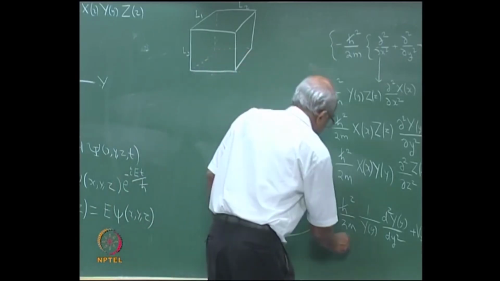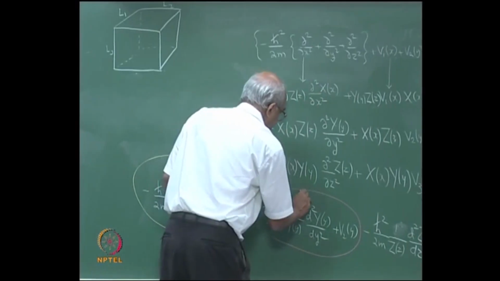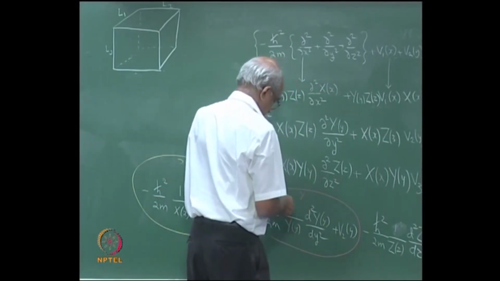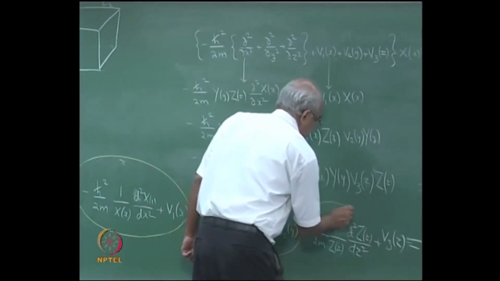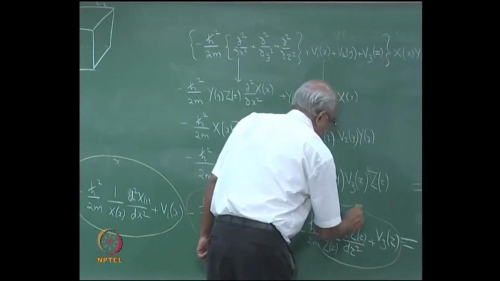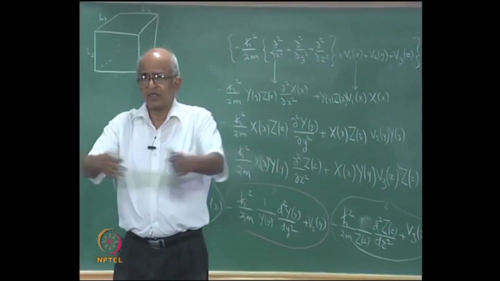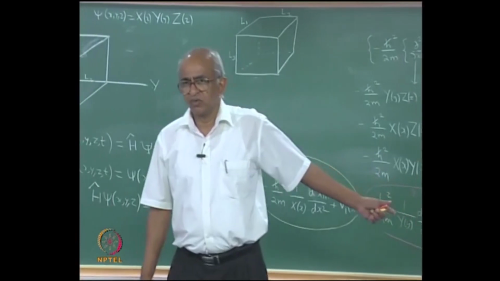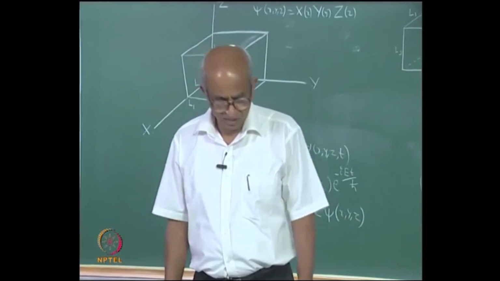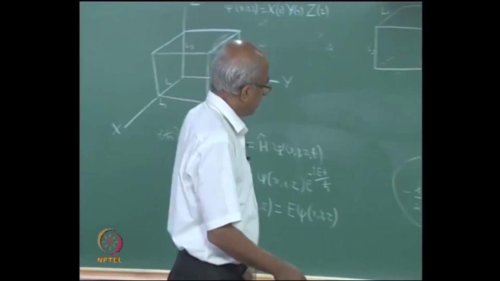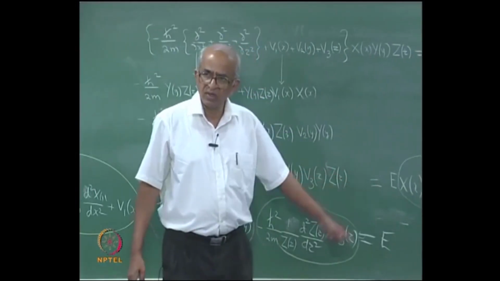Well, if you look at these two, they depend only upon y, and if you look at those two, they depend only upon z, and if you added the three together, the answer is going to be a constant, correct.